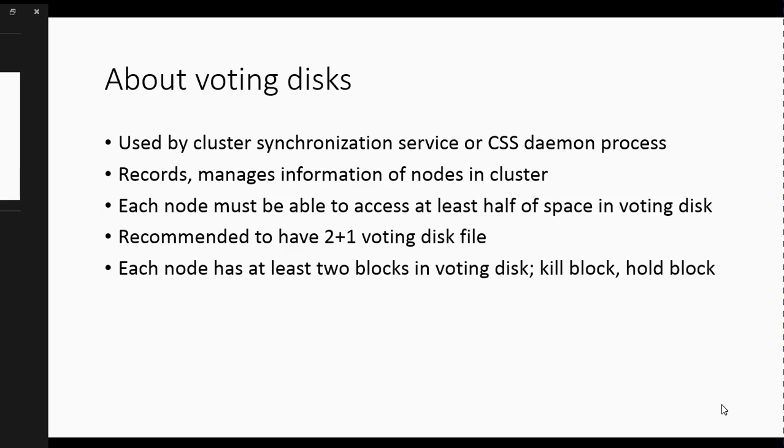And the reason the data from the other nodes is the reason why that kill block is no longer available, because let's say you have a 3-node environment. So if one of the nodes is going through some irregularities, the 2 nodes that are still functioning in the right way are going to go into the voting disk.